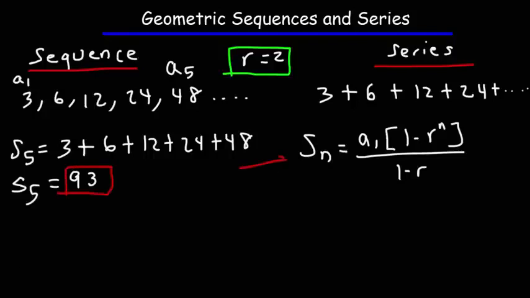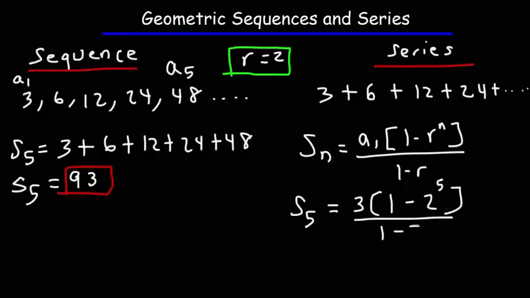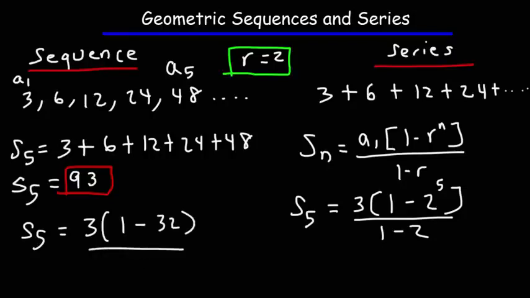Now let's confirm that with this equation. So let's calculate s sub 5. The first term is 3 times 1 minus r. r is 2, n is 5, divided by 1 minus r, so that's 1 minus 2. 2 to the fifth power, that's 32. 1 minus 2 is negative 1.